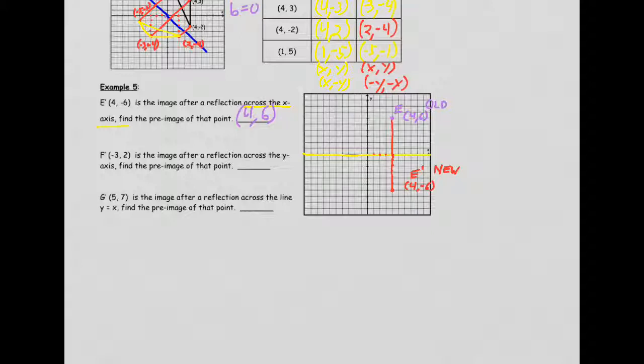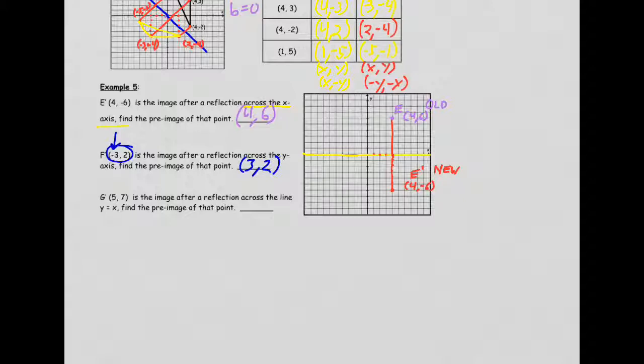Not negative 2, because that would be your y changing signs. You'd have 3, 2. Yeah, it would just be 3, 2. Remember, if it's reflecting across the y-axis, then it's your x that changes signs.